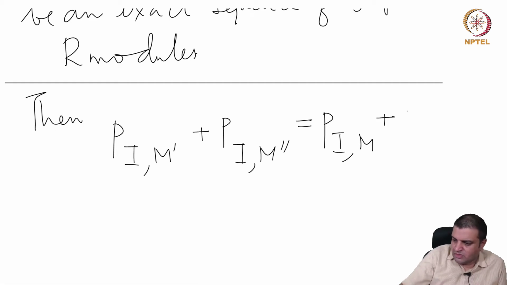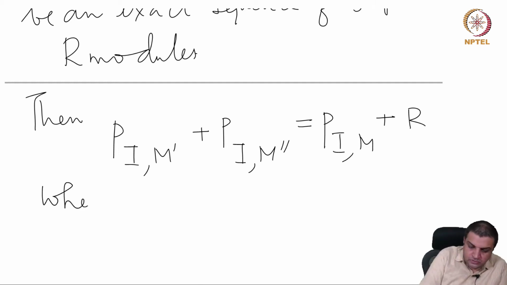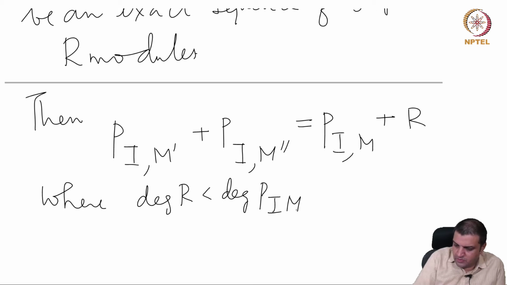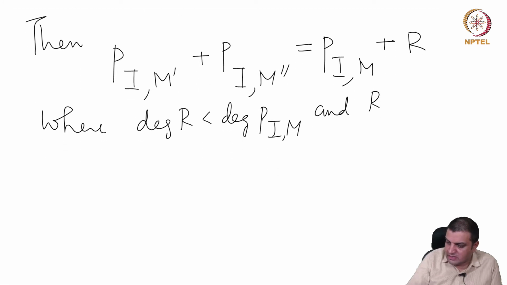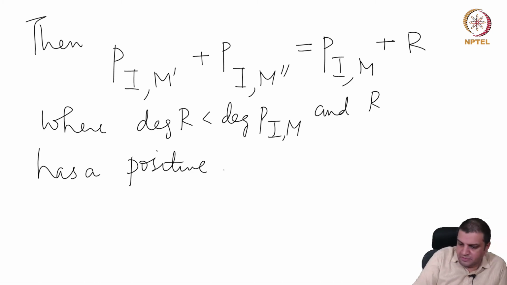There is some extra term R, which is also going to be a polynomial because these two are polynomials, where degree of R is less than the degree of P_I(M), and R has a positive leading coefficient.